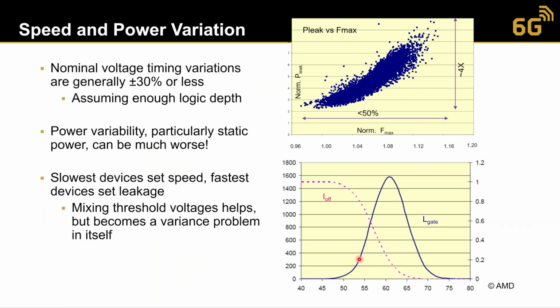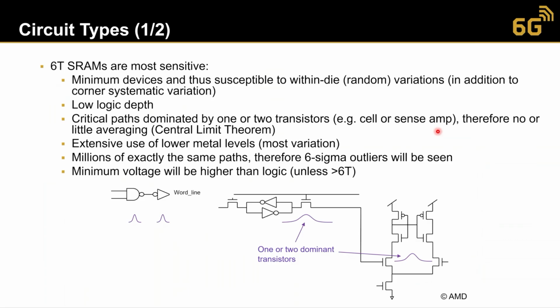One reason for this is the variance in the length of the transistor gate and how that affects the leakage current. When you have a slow transistor, that will limit your speed, and the fastest transistors will at the same time leak the most. That's when you end up with this kind of curve.